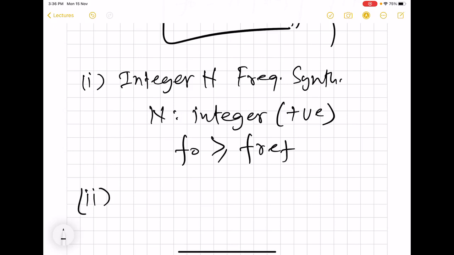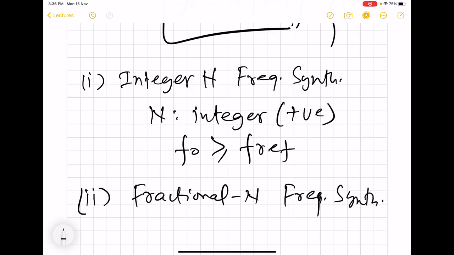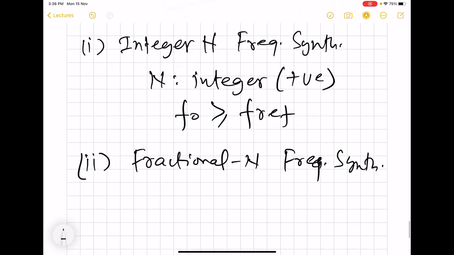So then we have a second set of frequency synthesizers. They are called fractional N frequency synthesizers. As the name suggests, here N is not going to be an integer. So this can be a fraction, but of course greater than 1 also.